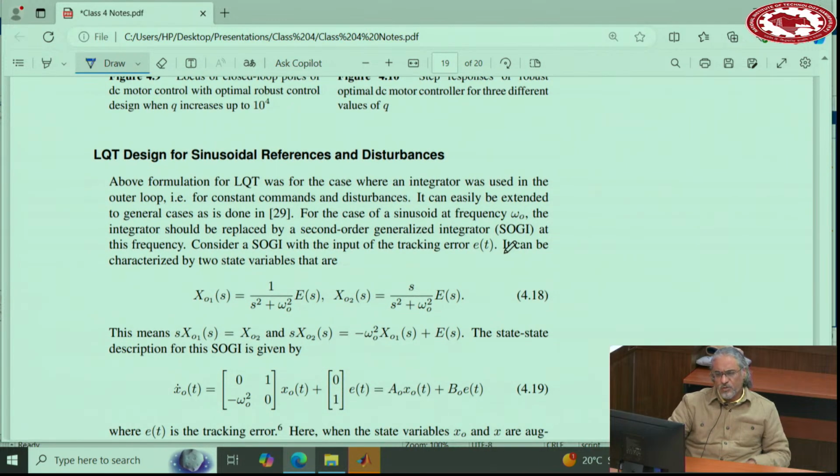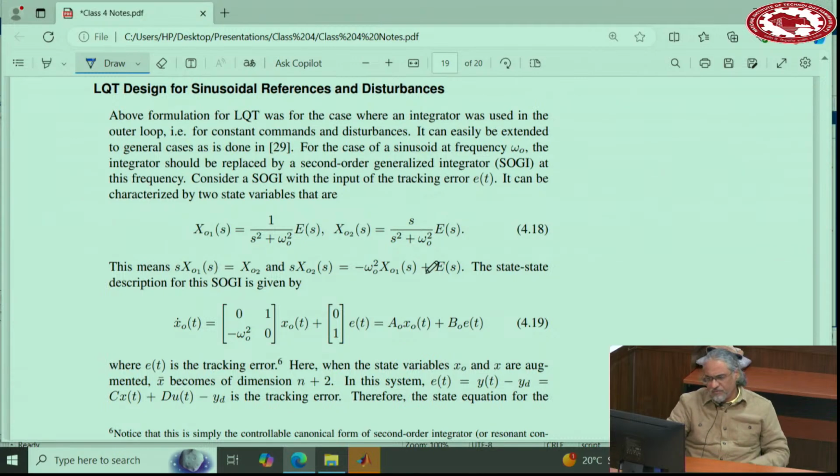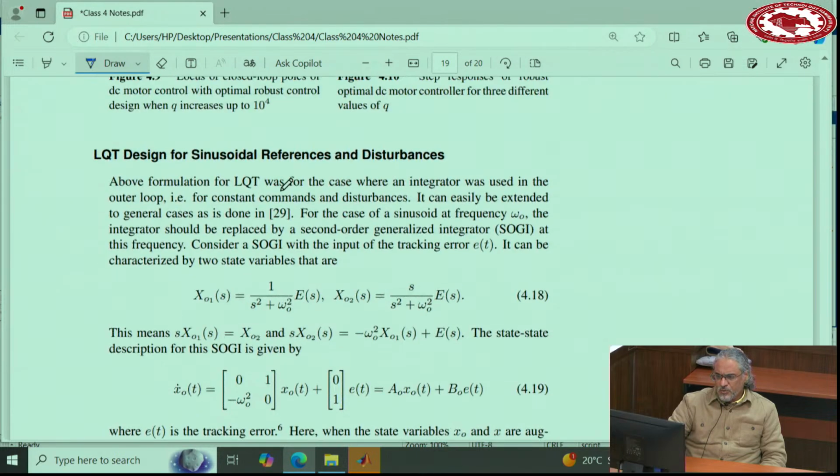If it's sinusoidal, let me explain. I think I have a few minutes, no problem. If it's sinusoidal, then rather than inserting an integrator in the control system, you need to insert what we call a second order generalized integrator, and that is this transfer function, this one and this one.